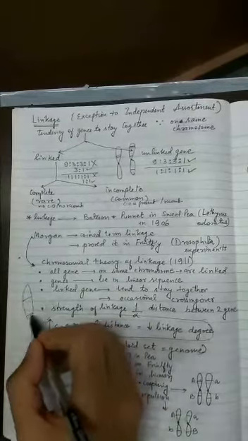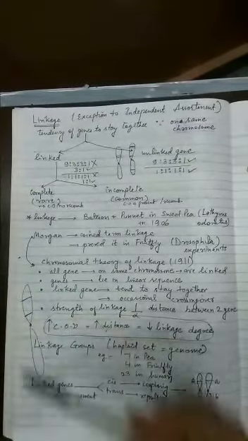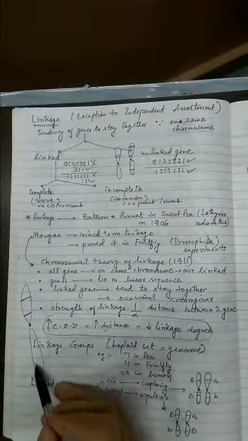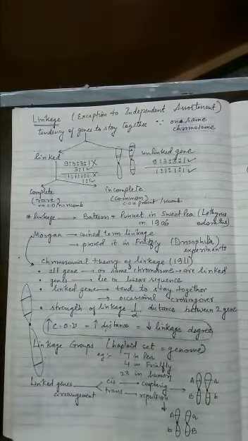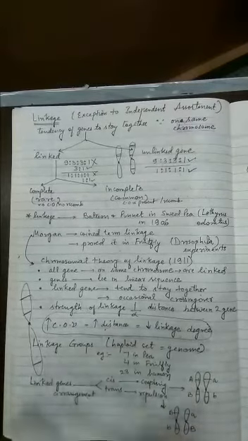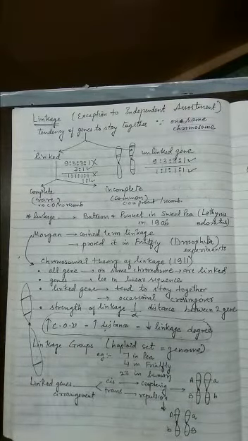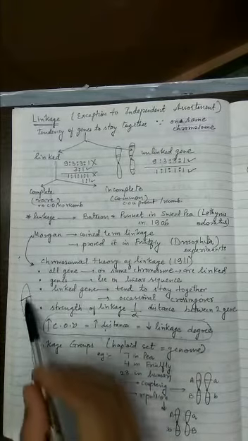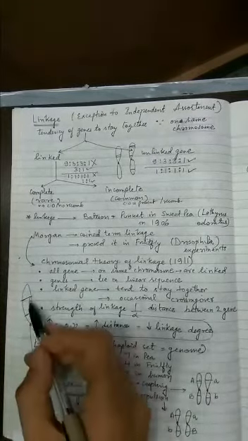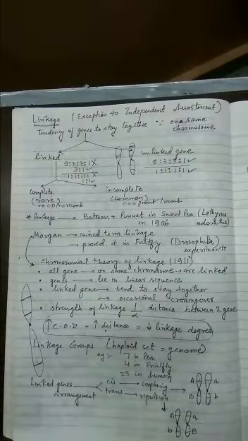If you are confused, let me draw here. When you consider these as two genes on the same chromosome, and this is the next gene present here, the distance between these two genes is less compared to this gene and this gene. When two genes have more distance between them, the chances of crossing over, the chances to separate these two genes, increase.